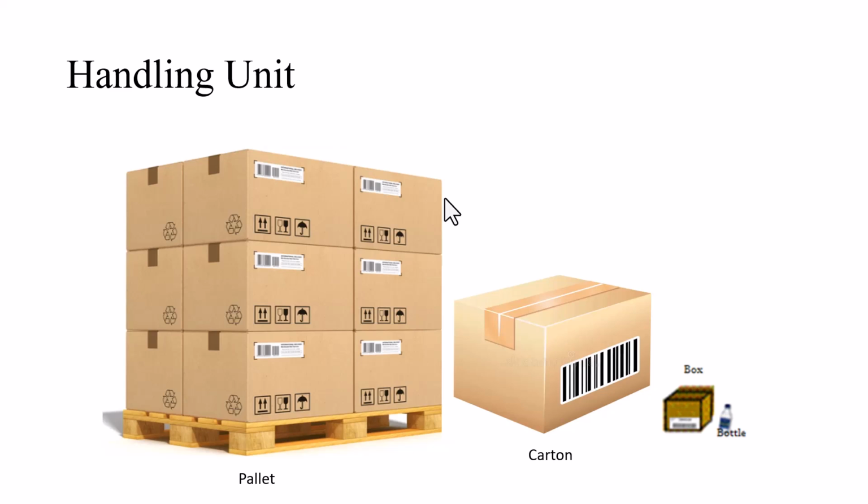Nested means within one handling unit there are many handling units. We will come to know them when we get into the packaging specifications concept, or what exactly nested handling units are and how we identify those products. So it's all about handling units.